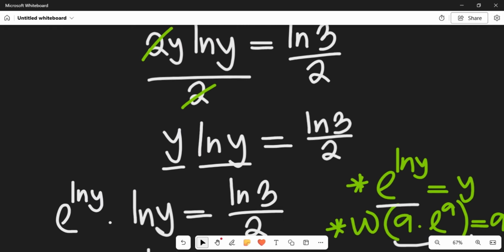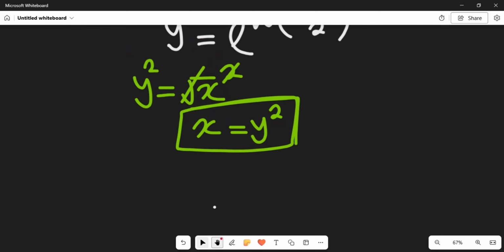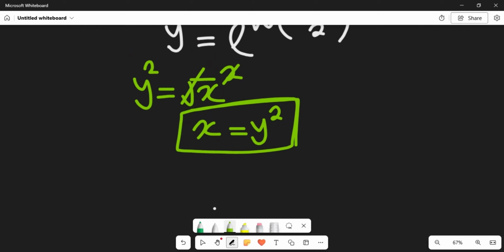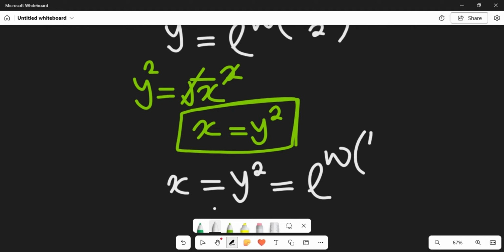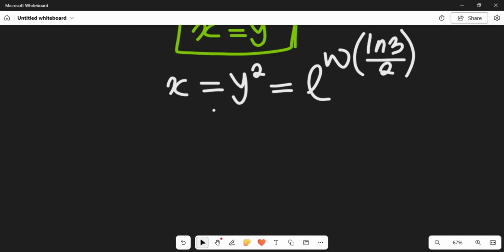So we're going to look at the value of x, and the value of x given to us here is equal to y squared, and this whole thing is equal to the exponent value of the Lambert W of ln 3 divided by 2. So how do we simplify this? Remember, we're looking for the value of x.